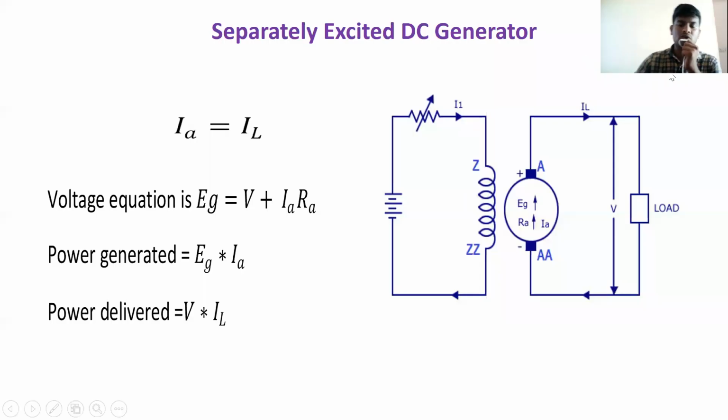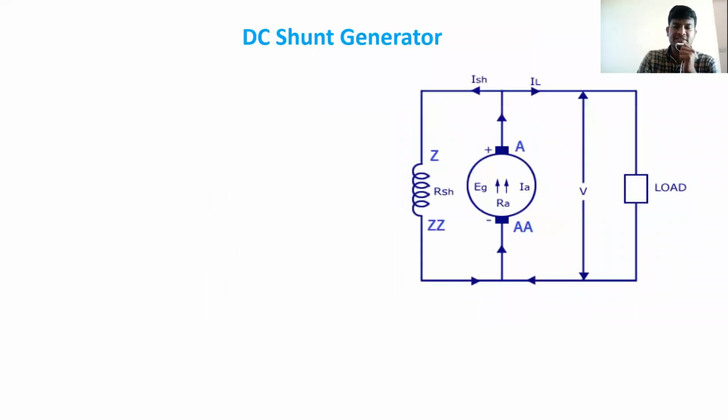Now we can see the next, the self-excited DC generators. In the self-excited DC generators, the first one is the DC shunt generator. Shunt means parallel. Based upon how the armature winding is connected to the field winding, it is classified into shunt, series, and compound.